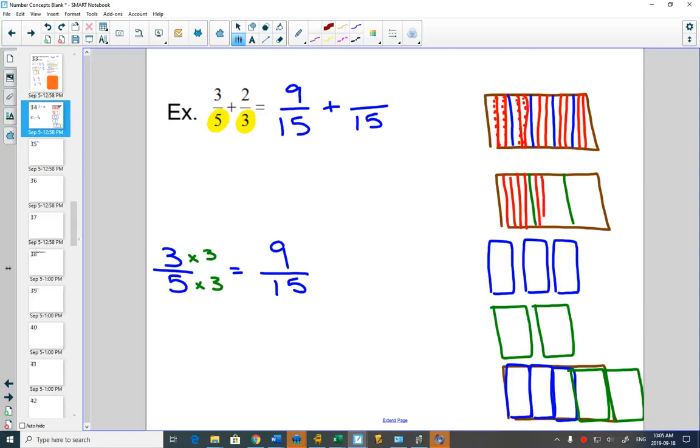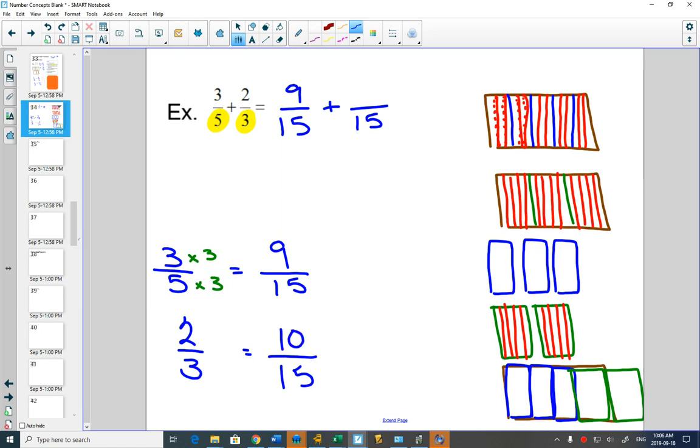So now I've got all of those cut up. And if I had 2 of those, and this one had 5 pieces, and this one had 5 pieces, my 2/3 is going to equal my 2/3. How many pieces do I have in total? I have 10.